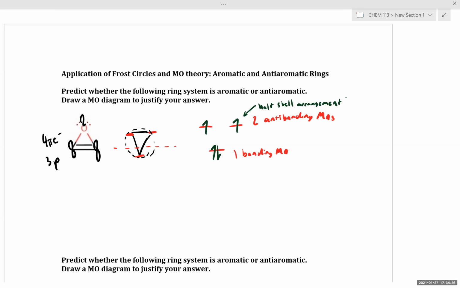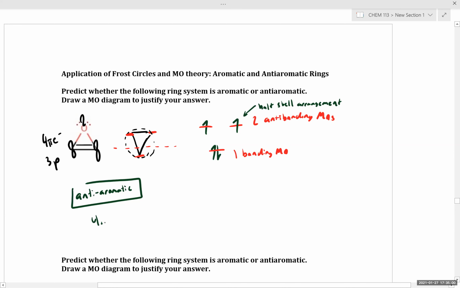What can we conclude from this? Anti-aromatic, exactly right. Because it follows the 4N rule, and as we notice, it also fills the anti-bonding MO, and it has a half shell arrangement.